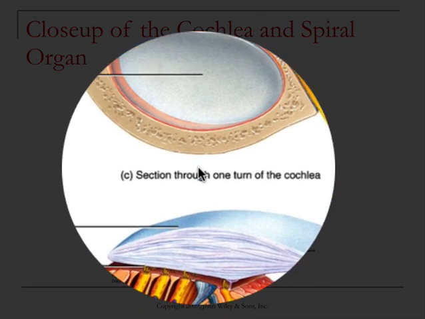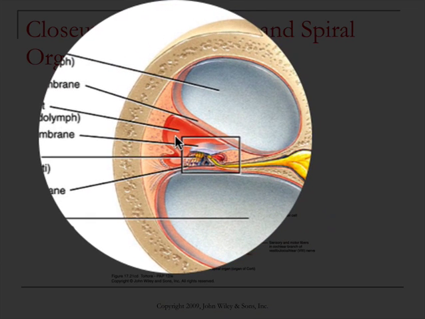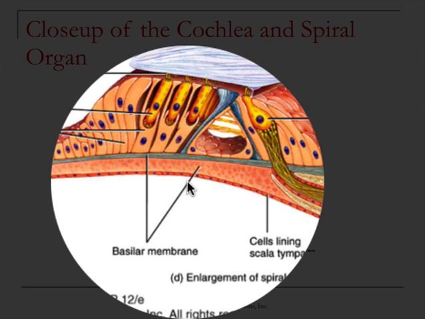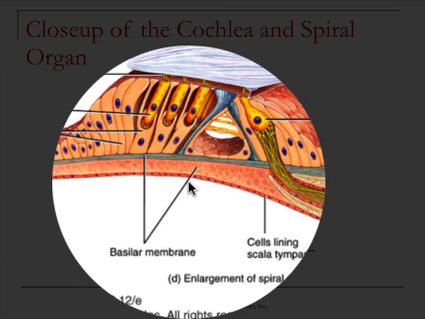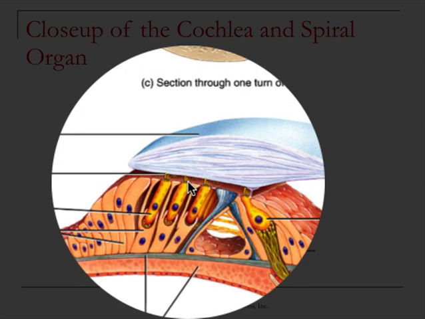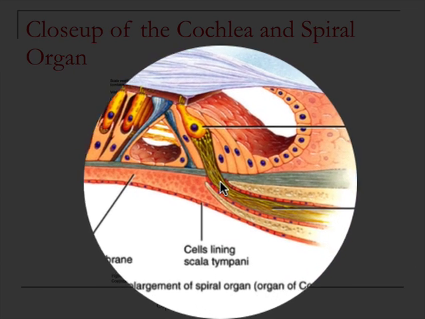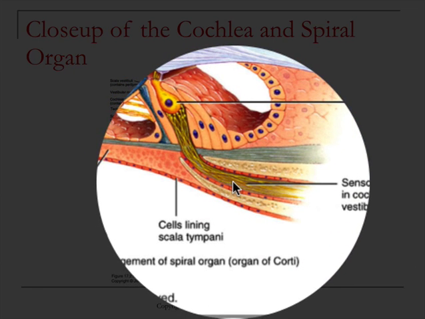When that endolymph inside of the cochlear duct receives a pressure wave, it causes this basilar membrane to vibrate. When the basilar membrane vibrates, then the hair bundles that are embedded inside of the tectorial membrane will vibrate, and this causes a generator potential, which then results in an action potential being sent to the brain.